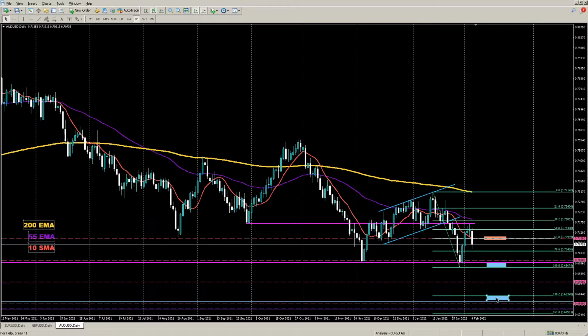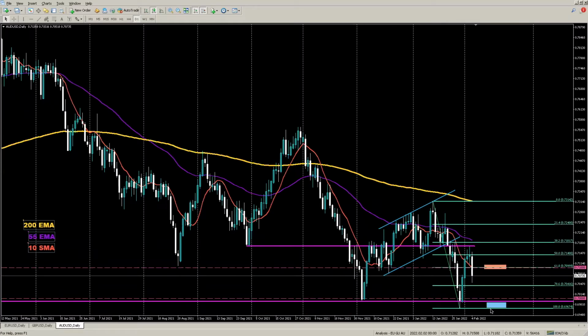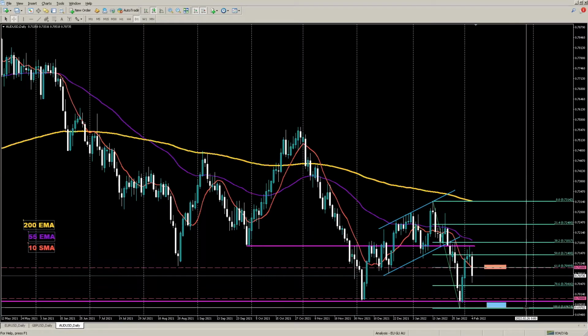And below that, there's a zone here with the 138 Fib extension, just above the 68.00 as well, but it has to break down below the key 70 round figure first, and the recent low at the 69.70 area.